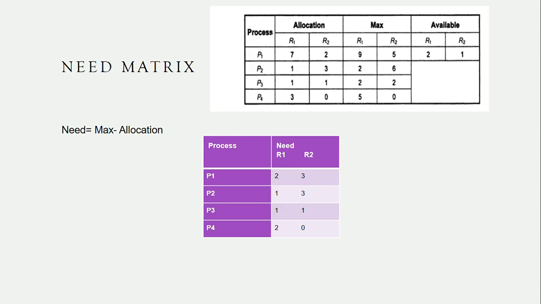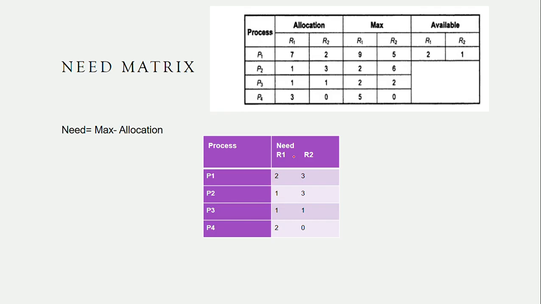So first we will calculate the need matrix. To calculate the need matrix, we have a formula: need is equal to max minus allocation. So we have four processes, P1, P2, P3, P4, which we have written in the first column, and then in the second column we have calculated the need. As we have R1 and R2 resources, you can see over here we have mentioned R1 and R2. The need is equal to max minus allocation.